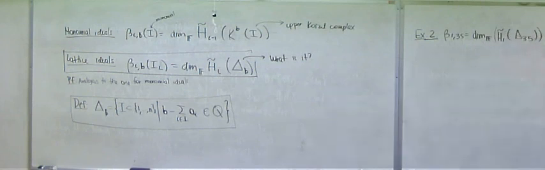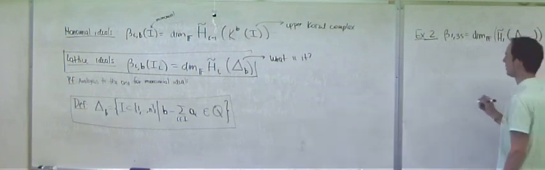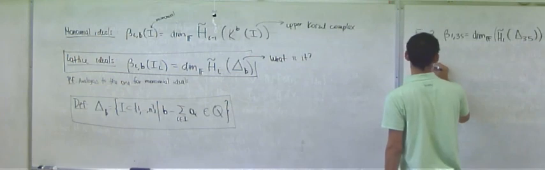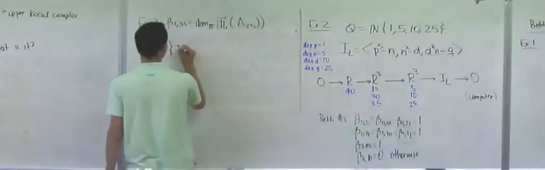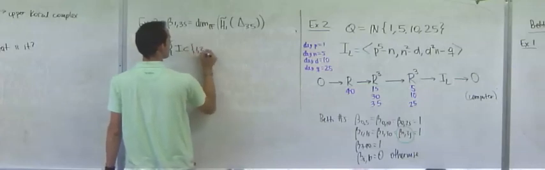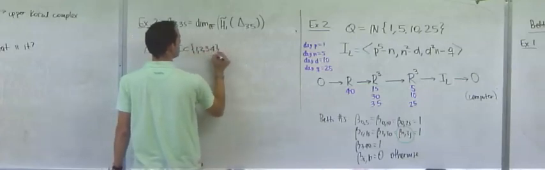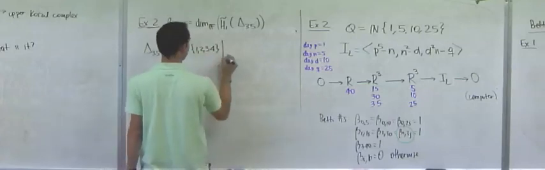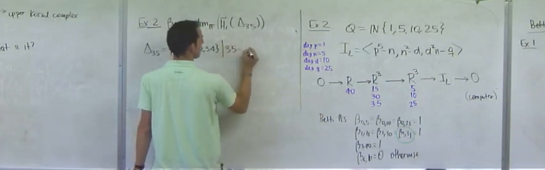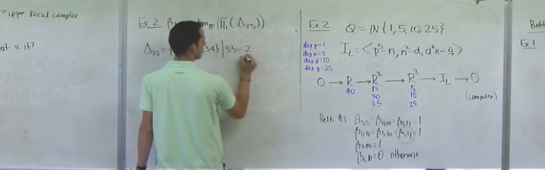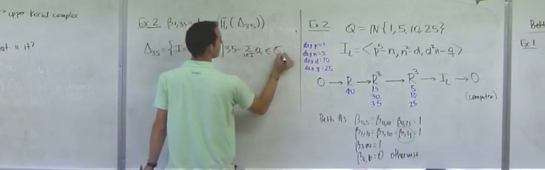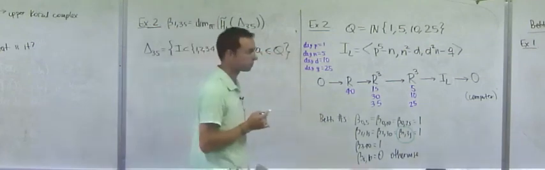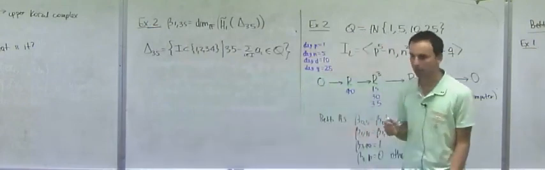Okay? So what is delta sub 35? Delta sub 35 is the collection of subsets from 1 up to 4, such that if I take 35 and I subtract the generators in my subset, I'm still in Q. Okay.